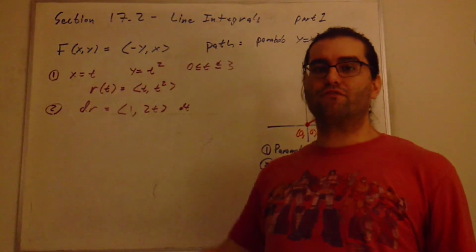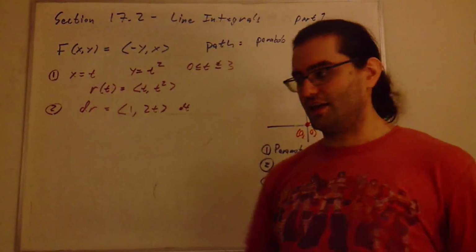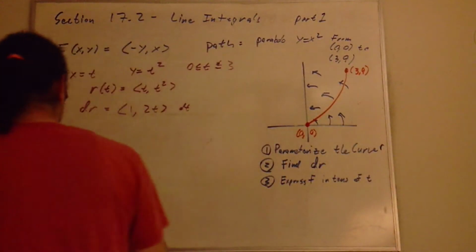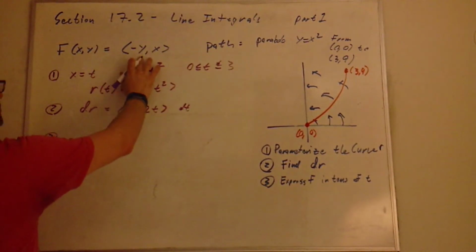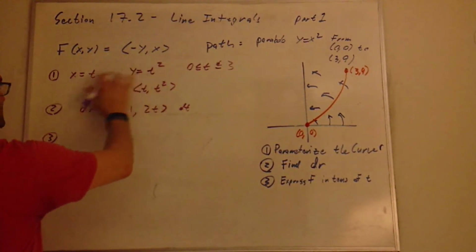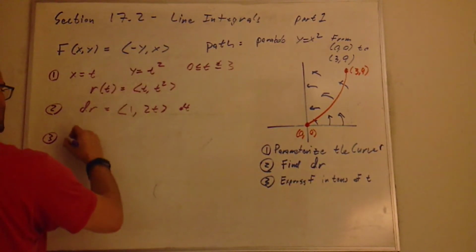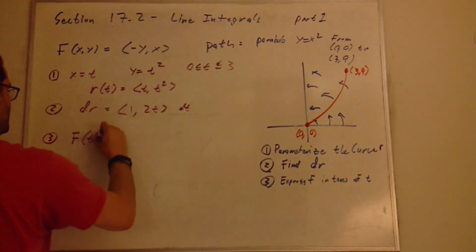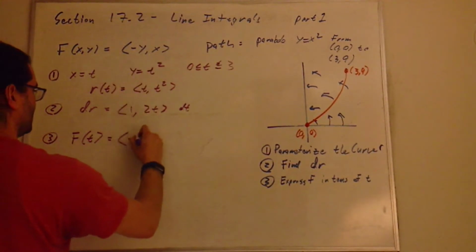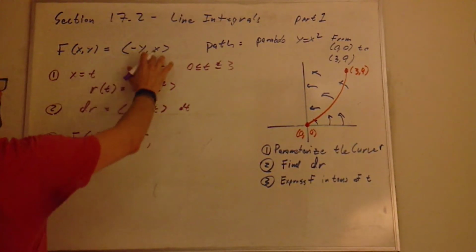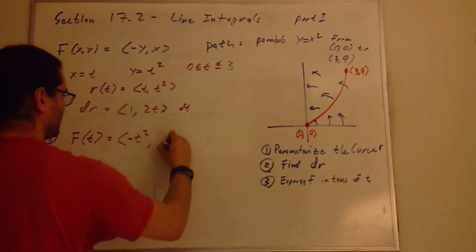We want everything in terms of t. That's the goal. So we're going to take our f, and we're going to replace our x's and y's with these things. So I know that y is t squared, so f of t should be negative t squared, and then x is just t.